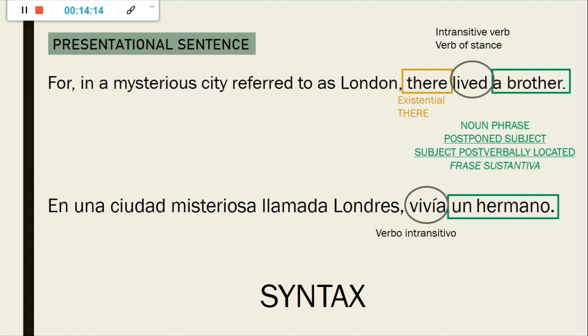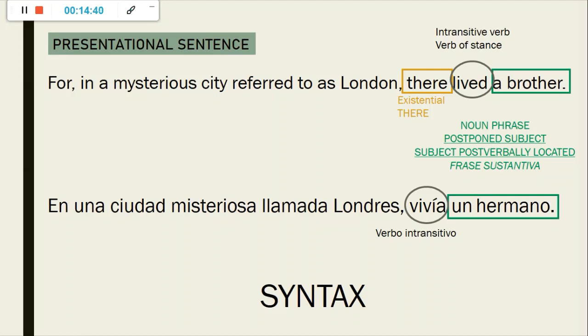In the case of presentational sentences, we find the subject in post-verbal position, and we can interpret the sentence either as an event or as the introduction of an entity into discourse.